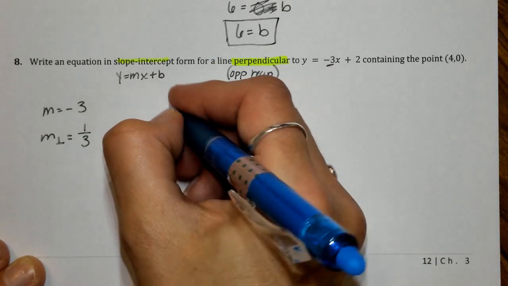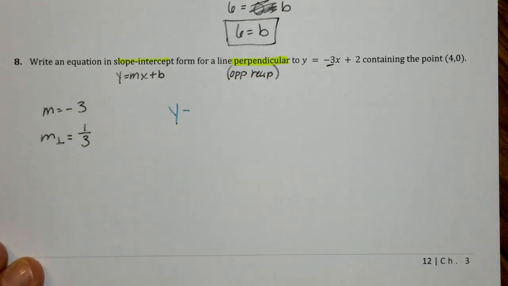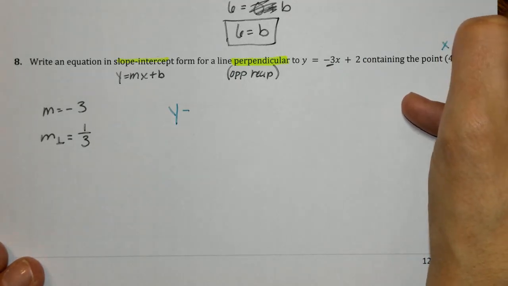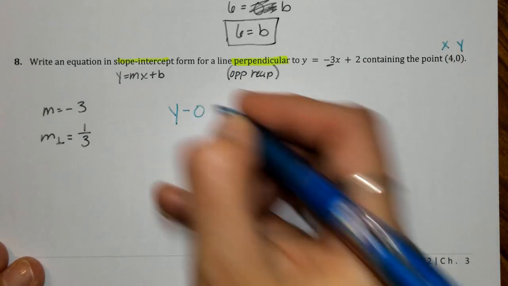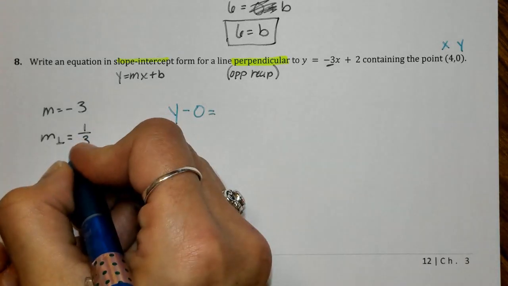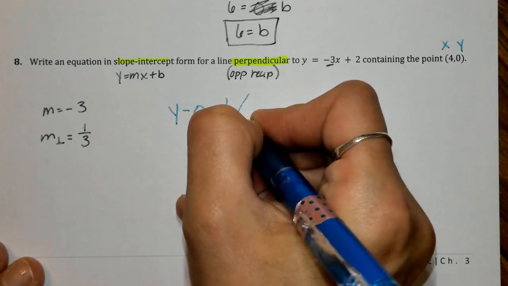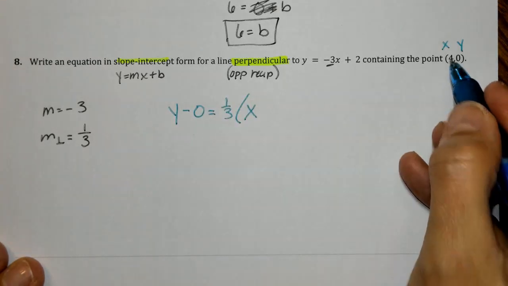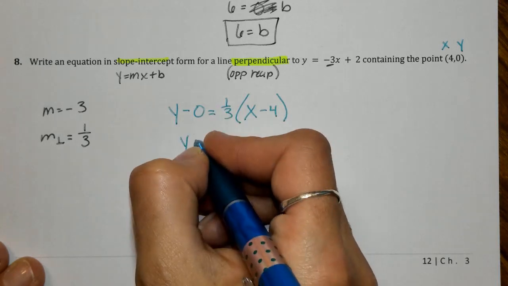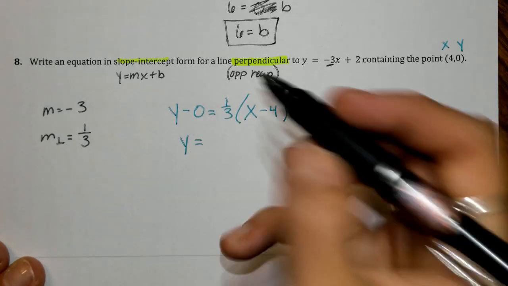So we're going to start in point slope and then convert it. Y minus our y coordinate, 0, is equal to our slope, 1/3, times x minus our x coordinate, x minus 4. We can drop that 0 off because we don't need it.